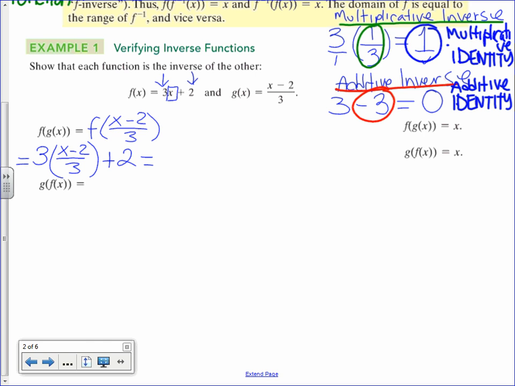Now this requires a little bit of algebra, but it's not that hard because you guys know how to multiply fractions, right? Straight across. So 3 times x is 3x. 3 times negative 2 is negative 6. Here we have 1 times 3, and that is just 3. We still have a plus 2. I'm going to need more room.